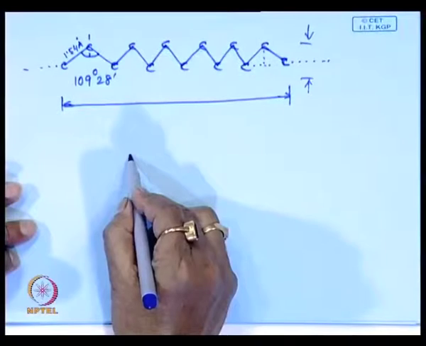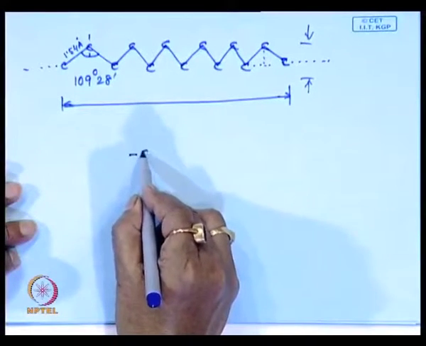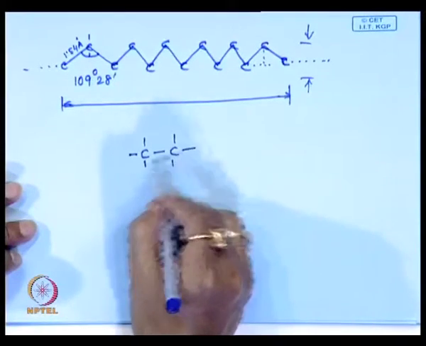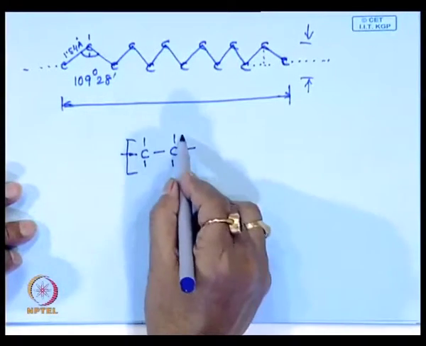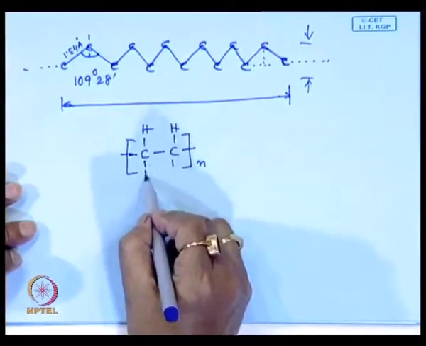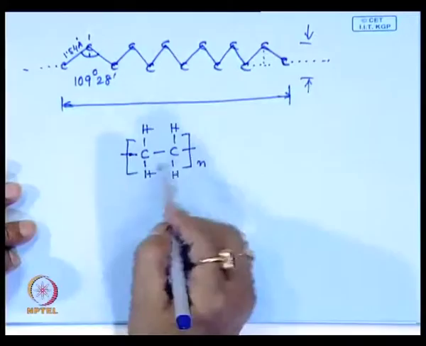Say, if you think of ethylene, polyethylene, it contains carbon and hydrogen. So, we can say very easily that it is a hydrocarbon material.